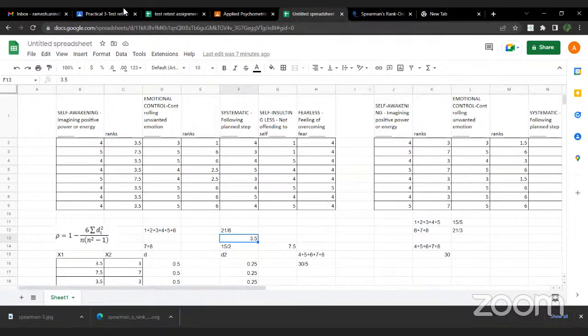Yes, there is enough time. Anindita, a request to you: when you share the tool on our Google platform, please mention that next week we expect all the participants to complete that assignment. I will do that. Thank you, ma'am.